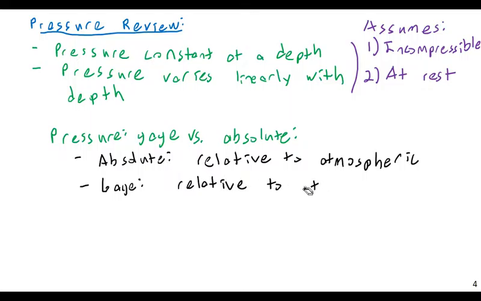Oh, sorry. Wow, I really screwed that one up, didn't I? Sorry about that. Absolute is relative to vacuum. I did not have enough caffeine this morning, evidently. So absolute pressure is relative to vacuum, and gauge is relative to atmosphere. That's a bit more proper.